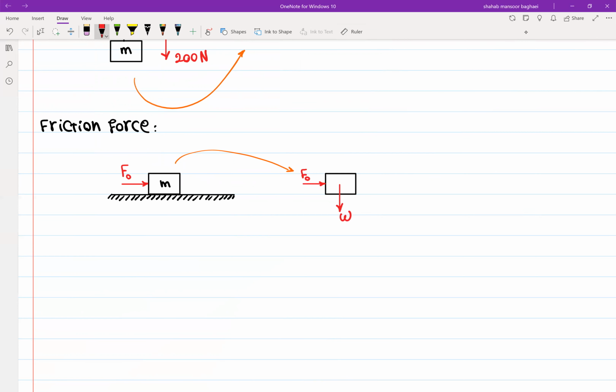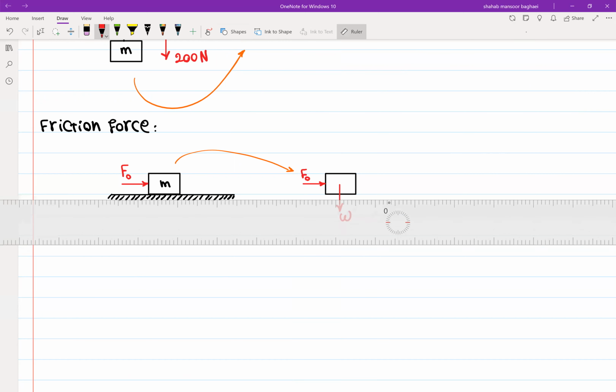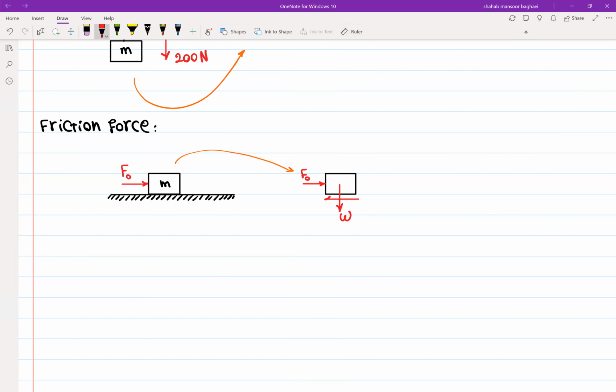What is next? At the bottom of the block, you have friction force because of this surface, which is not smooth, and it is to the left. It is against the motion of the block. Like this.